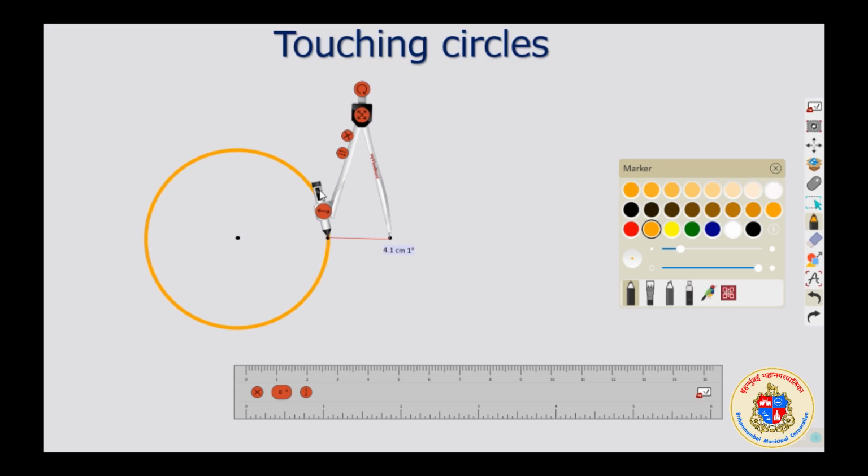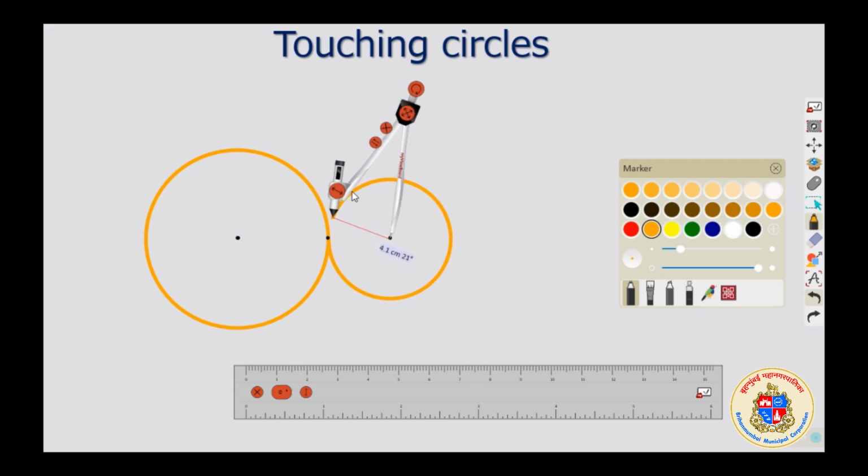So now let me draw the second circle. Now I succeeded in drawing 2 circles which are touching at a point. Understood? The purpose of putting the points was to get it properly.